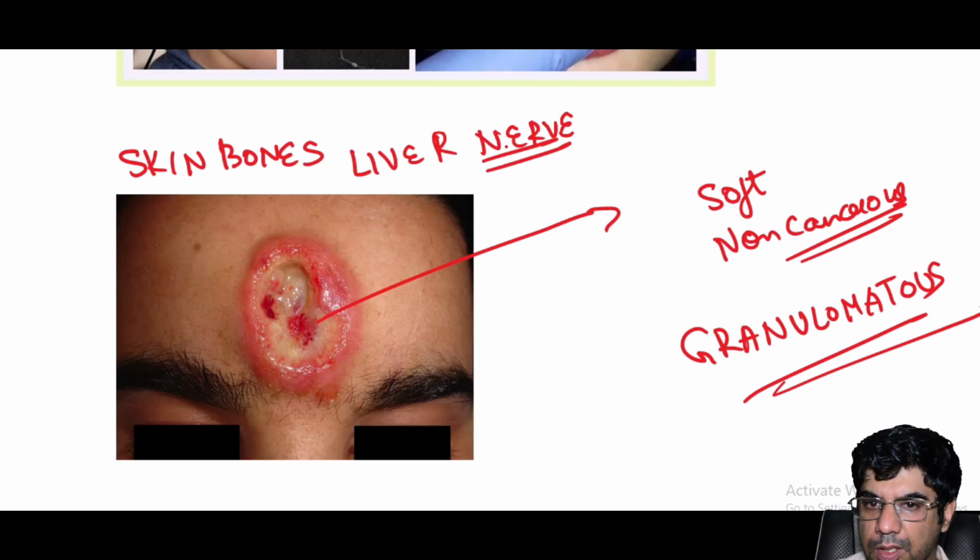They are thought to result from an immune response due to persistent presence of Treponema pallidum bacteria in the body. The body forms granulomas, which are clusters of immune cells, and that leads to formation of the gummas.